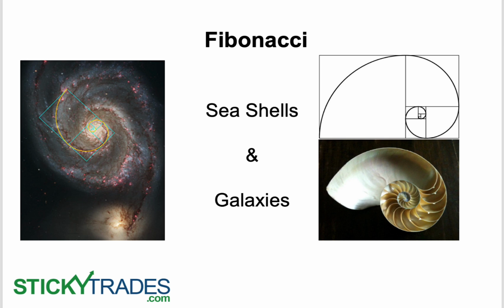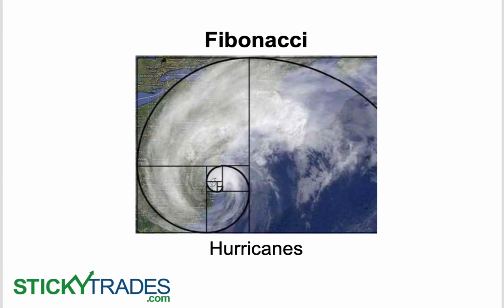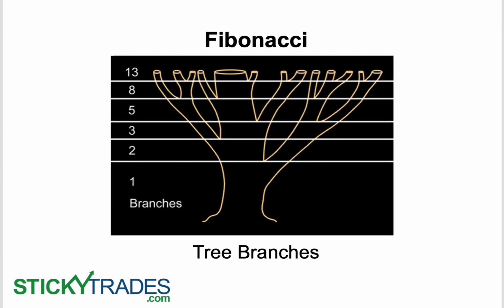And living in Florida, we're very familiar with the Fibonacci form that we see in hurricanes. We look at these every hurricane season. We get a counterclockwise swirl to the eye of that hurricane as it moves up the coast most of the time here in the U.S. Another way to look at these is in the way trees grow. Tree branches grow in a Fibonacci sequence as well.